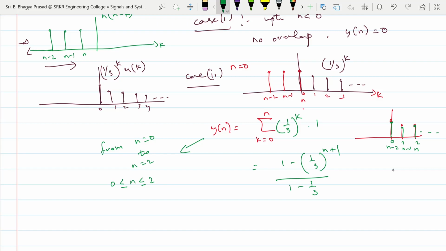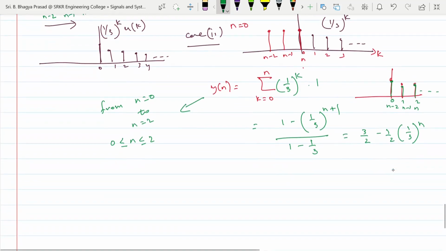If you simplify this, taking the common 3 by 2, it will be 3 by 2 minus 1 by 2 times 1/3 power n. You will get an output like this, y of n.